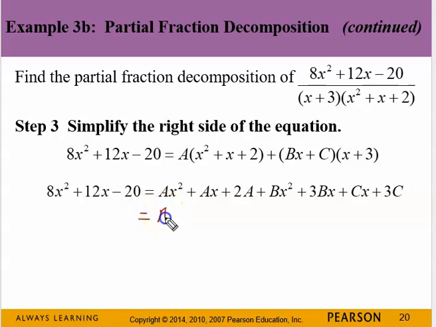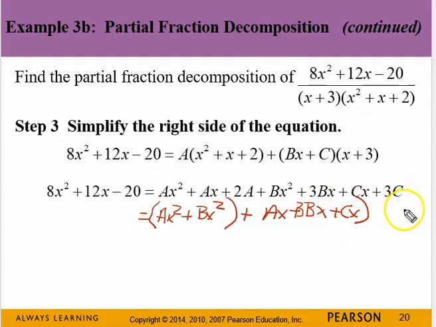So we're going to go ax squared plus bx squared, and put that in parentheses, plus ax plus bx, 3bx, plus cx in parentheses.